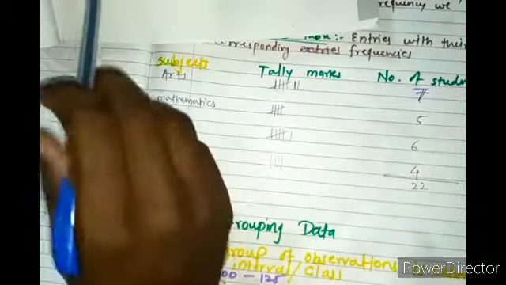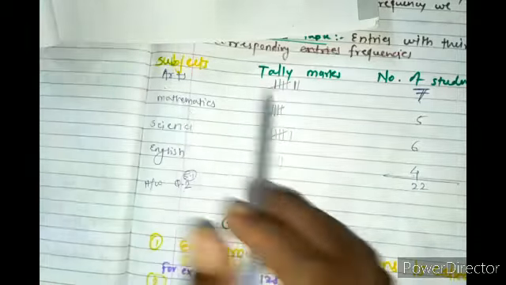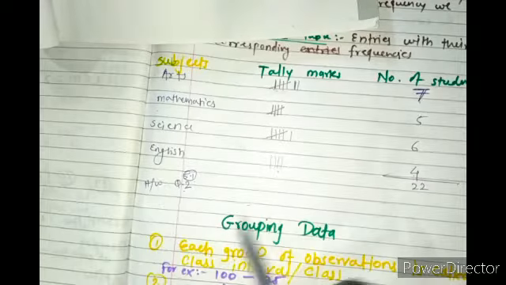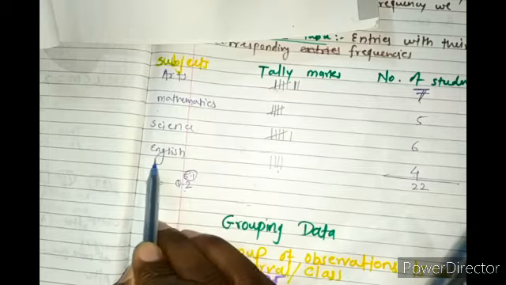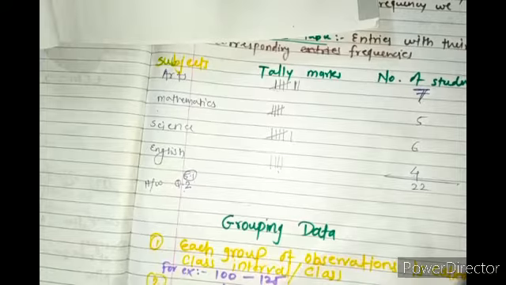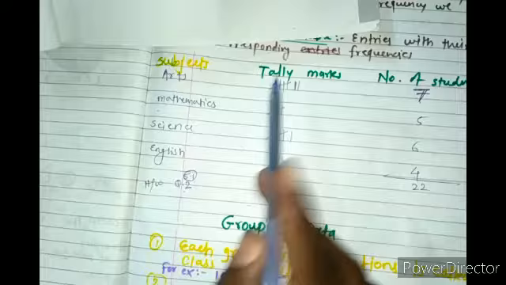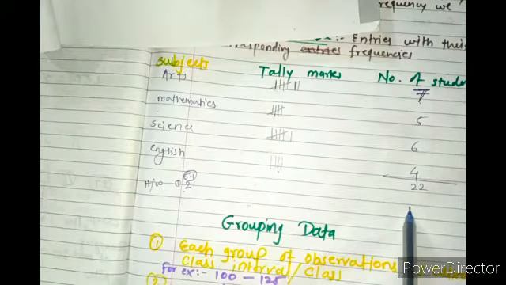Otherwise what will happen, you will forget to enter the entry and that entry will be repeated in another subject, the next coming subject name. So that will make your frequency entries wrong. So the best method is, you put the cross with a pencil, and after putting the cross, put the tally mark here, right?